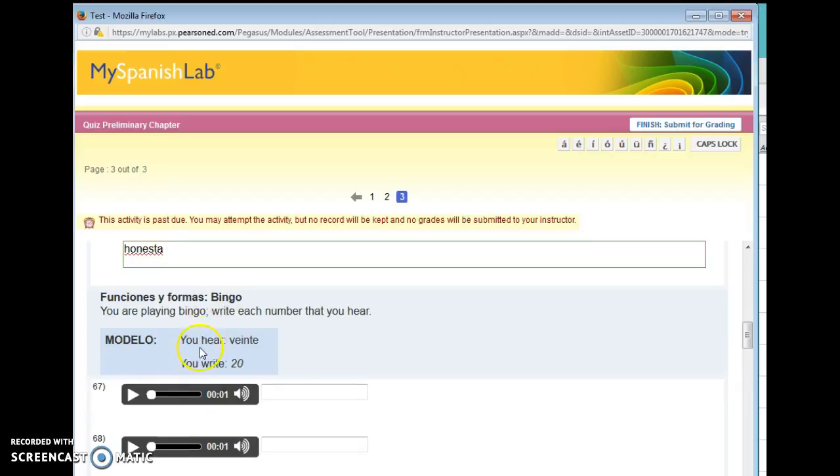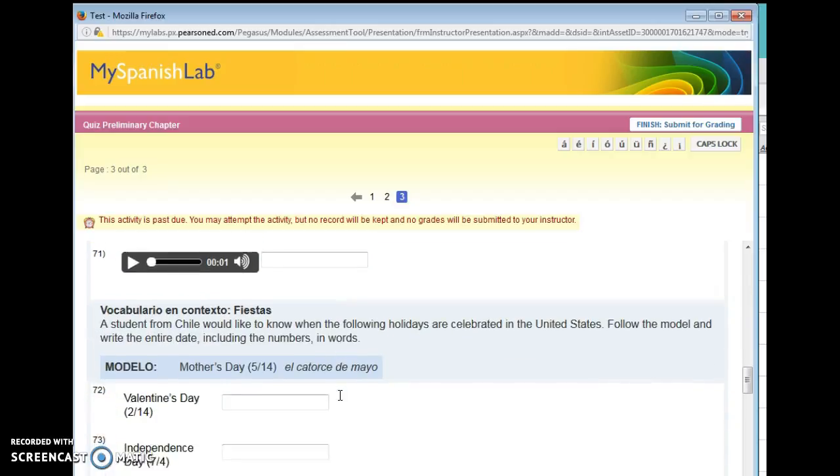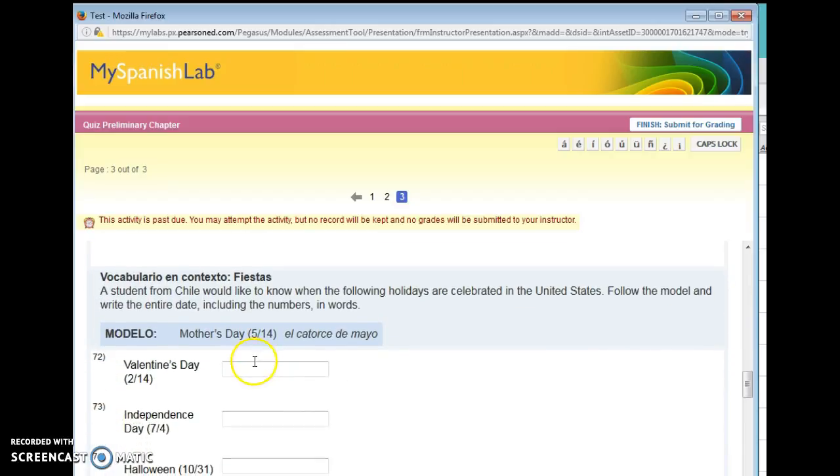All right. Numbers. 6, 6, and so on. Okay. And then the dates. So, this will be el 14 de febrero. And remember, you don't capitalize months. So, el 4 de julio.